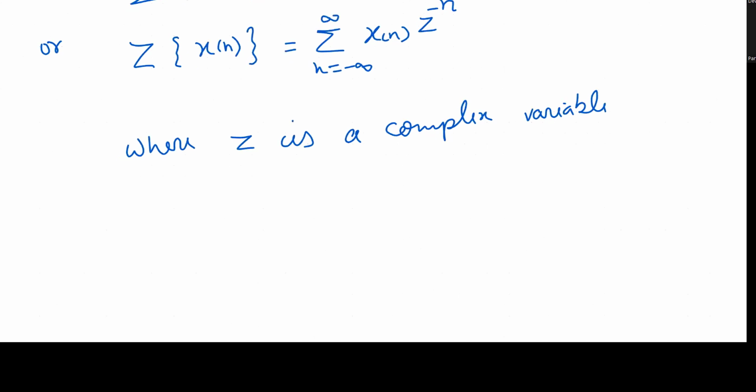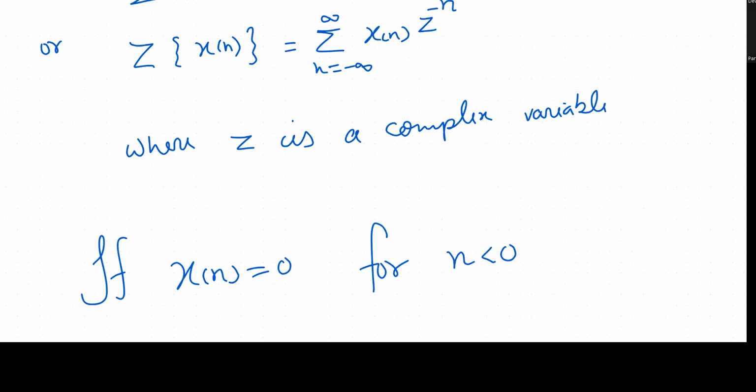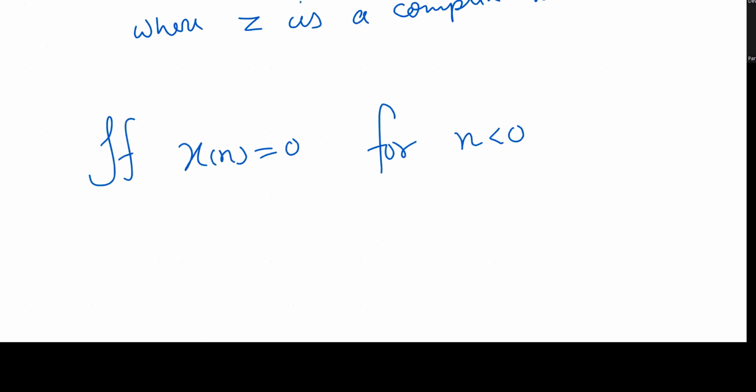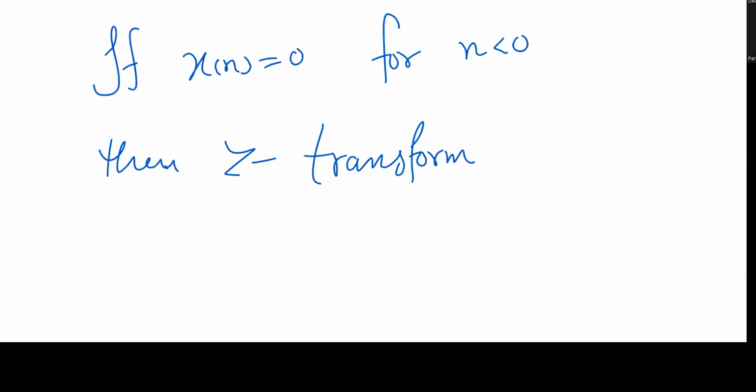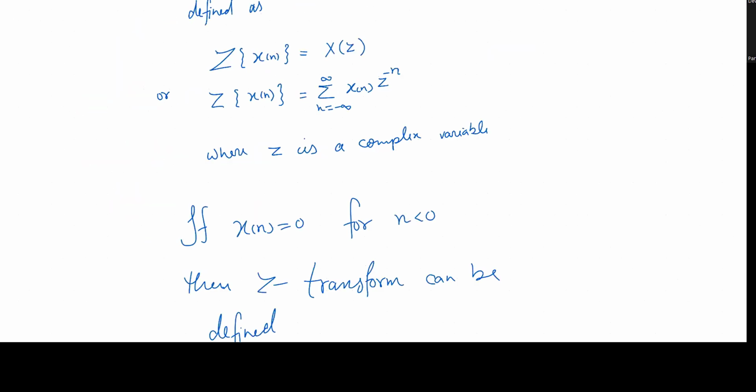Next condition we have: if x(n) is equal to 0 for n less than 0, means the value of the sequence is 0 for negative integers, then the Z transform can be defined as, because we are not taking negative integers here, we will take from 0 instead of minus infinity.